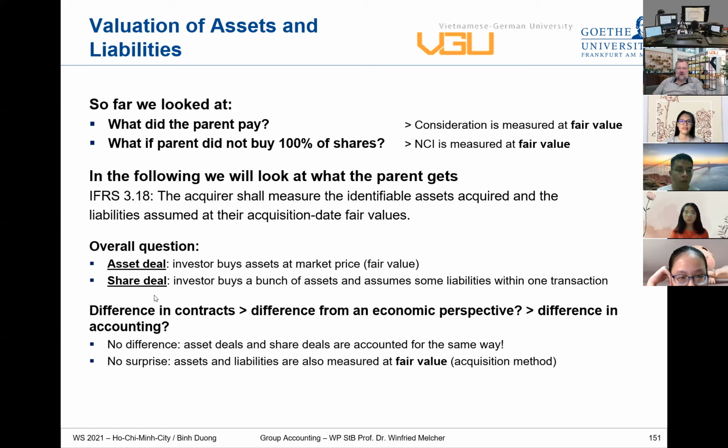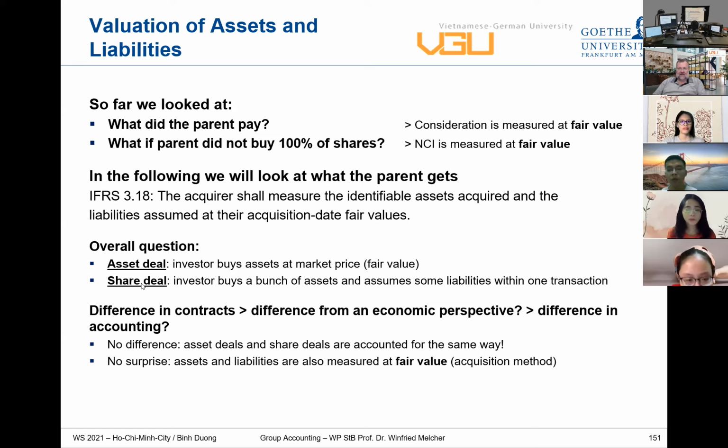So when you do not go to a shop and buy these things on an asset by asset basis or liability by liability basis, you just go to a company and say, I will acquire all the things you have. But I'm not going to buy all the single things, I'm going to buy the shares.